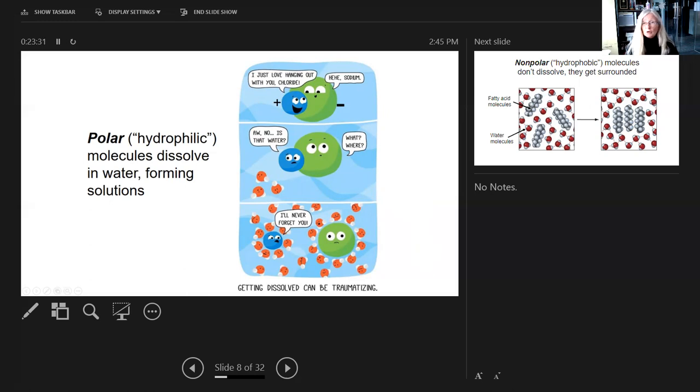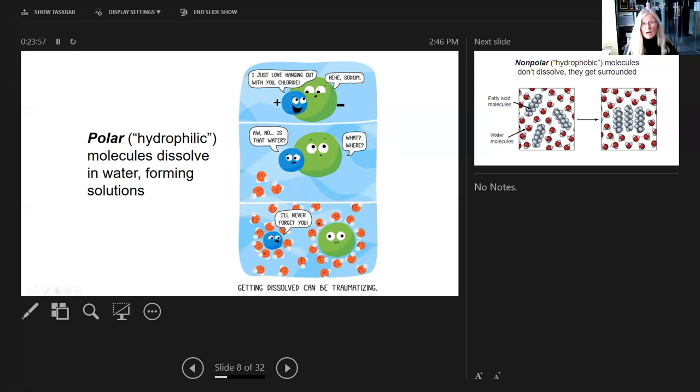So our sodium and our chloride will be broken apart. They'll each be surrounded by water and there they go. It's called dissolving, and this is how solutions are produced. This is the basis for things like pH, for making solutions, for a lot of what goes on inside our bodies, which is solution-based chemistry, meaning that there are chemical reactions that occur because there is water present.